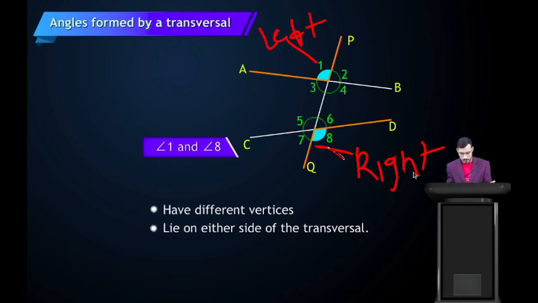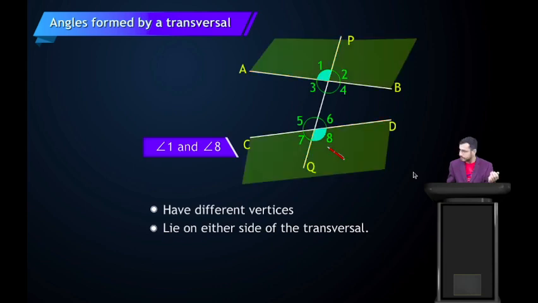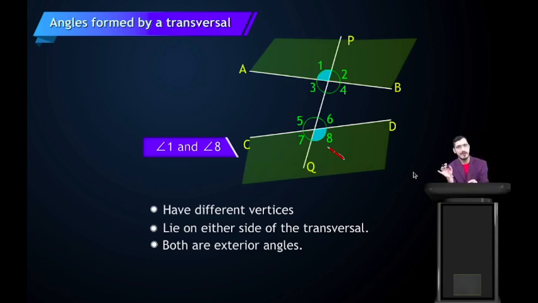And third, both are exterior angles. So angle 1 and angle 8 have different vertices, lie on either side of the transversal, and both are exterior angles.